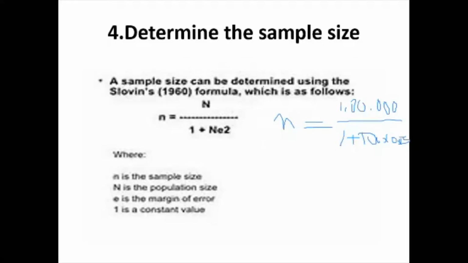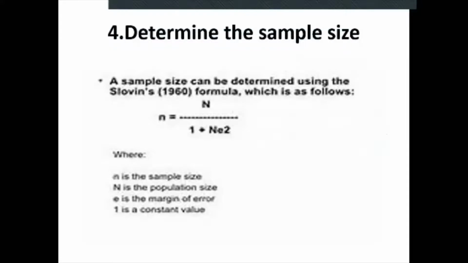Likewise you find the sample size. If your population is 2 lakh, then you write 2 lakh in both places, times 0.05 whole squared. Use this formula to find the exact sample size.